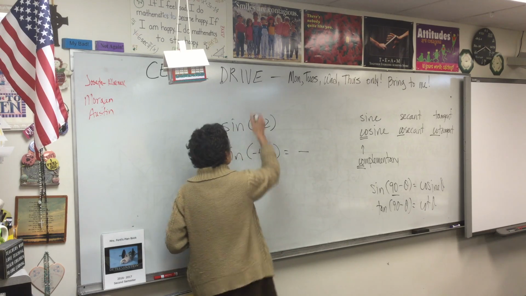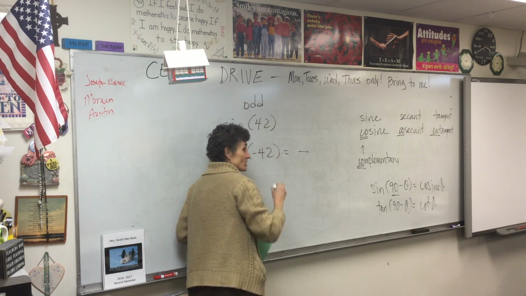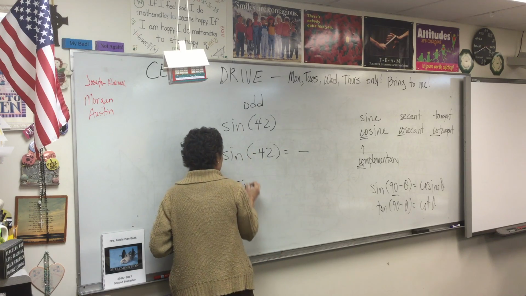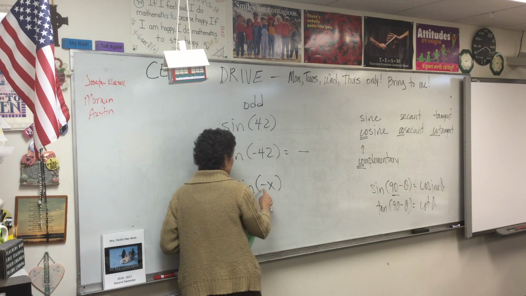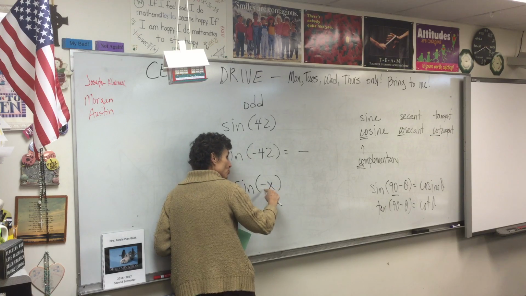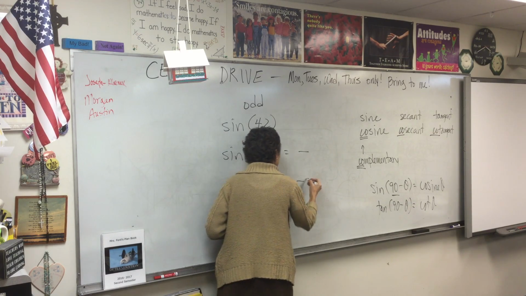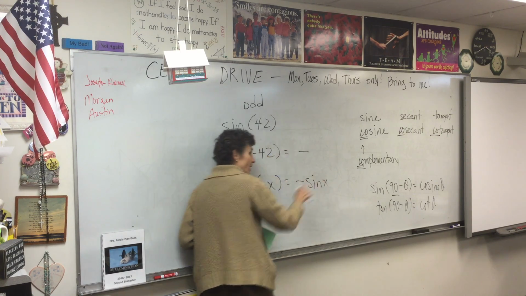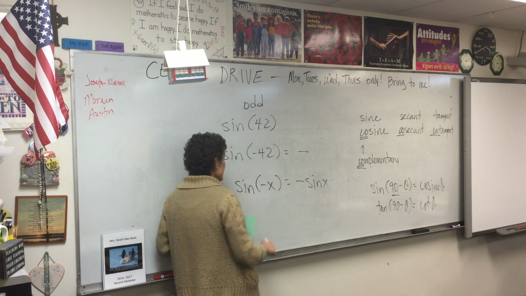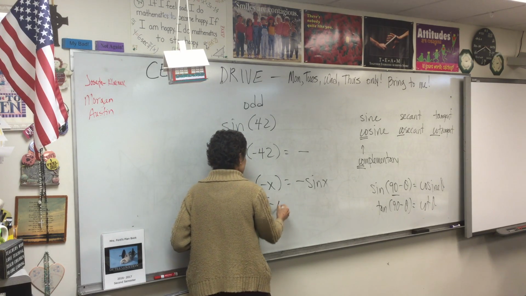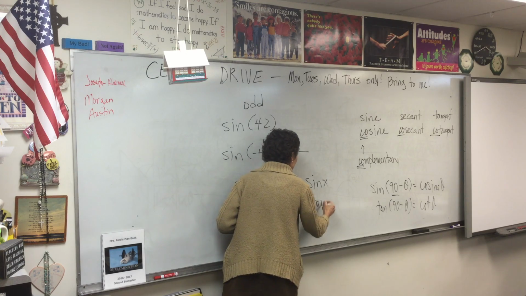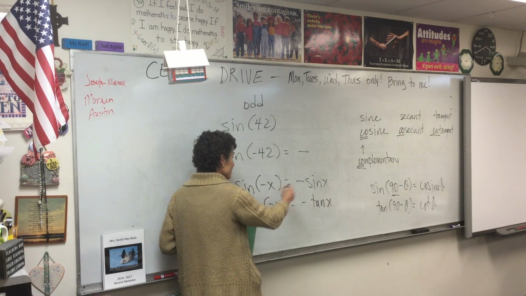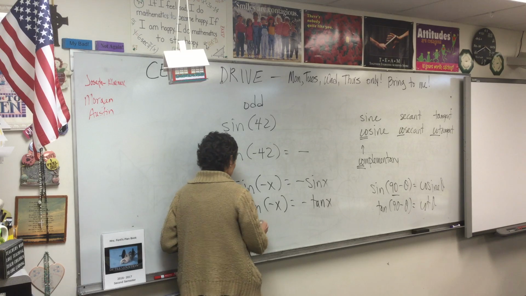This is what happens in what's called an odd function. An odd function says if you put a negative into your problem, you will get a negative out as the answer. Tangent is the same. It is odd. Put a negative in, get a negative out.